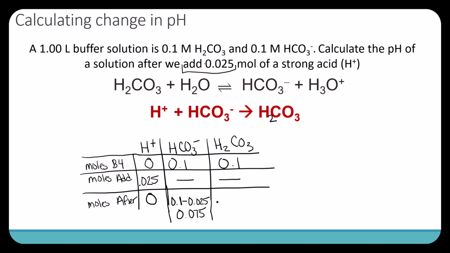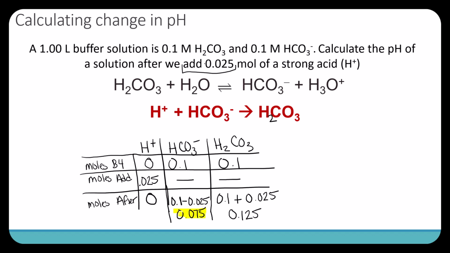So we started with 0.1, and we are going to add 0.025. So at the end, we're going to have 0.125. So this is the new piece. This is the hard piece.